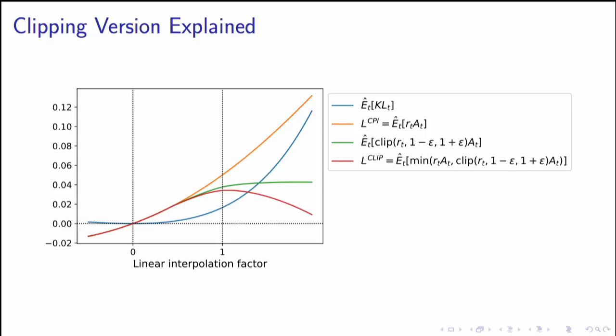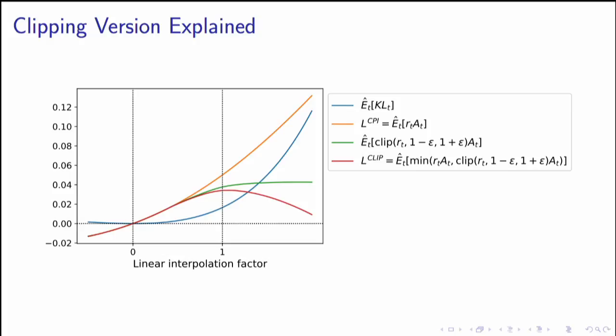Then let's look at our objectives. If we just look at the objective, probability ratio times advantage, at the starting point it's giving you the policy gradient. But if you go out in the policy gradient direction, it keeps improving. So if you just optimize this thing, you'd go out to infinity here. Then let's say we just clip the probability ratios, but we don't do the pointwise minimum.